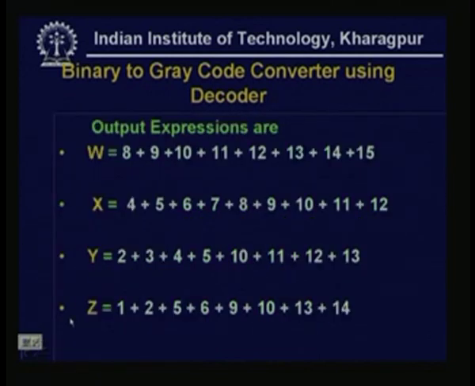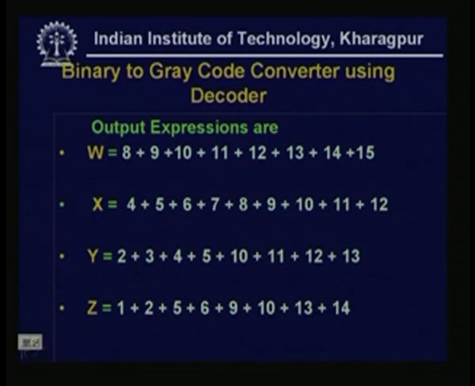So we can write that W becomes 1 when these minterms 8 to 15 exist. Similarly, X will be 4, 5, 6, 7, 8, 9, 10, 11, 12. Y will be 2, 3, 4, 5 and again 10, 11, 12, 13. Z is 1, 2, 5, 6, 9, 10, 13, 14. Now, if we draw the Karnaugh map, as we know, we can reduce the expressions for the 4 outputs.